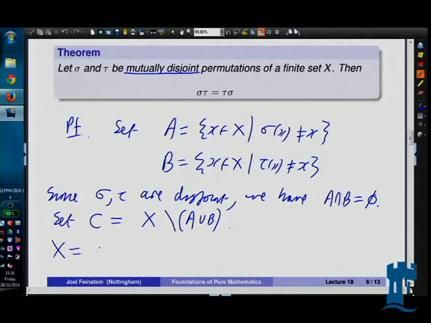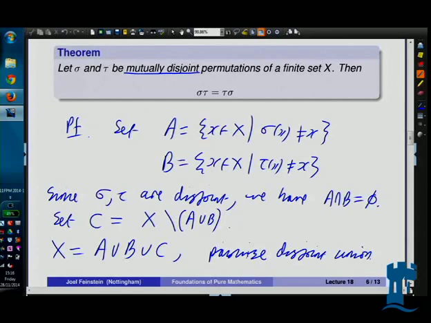X is equal to A union B union C, and none of those three sets overlap with the others. So if you're an x, you're in exactly one of these three sets. And we'll just do a case-by-case analysis of what sigma tau and tau sigma do in the three cases.